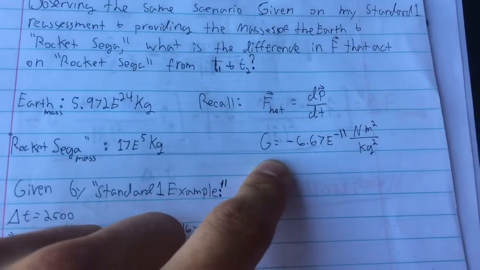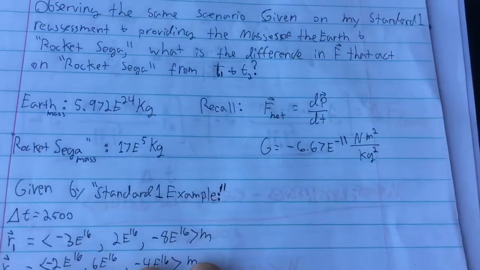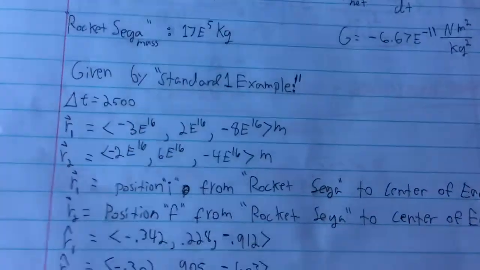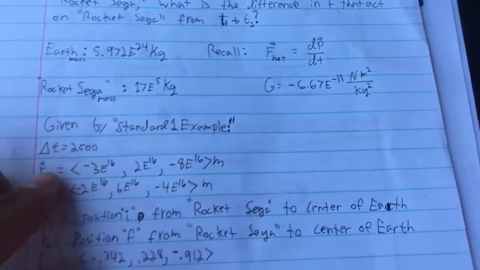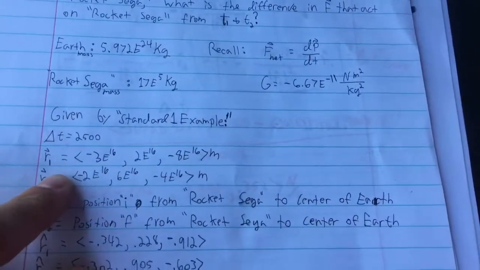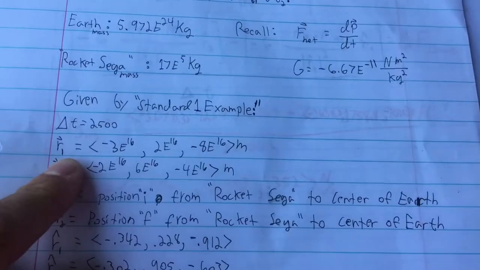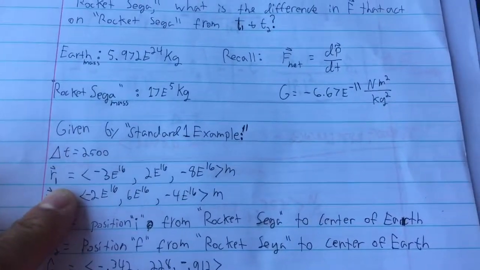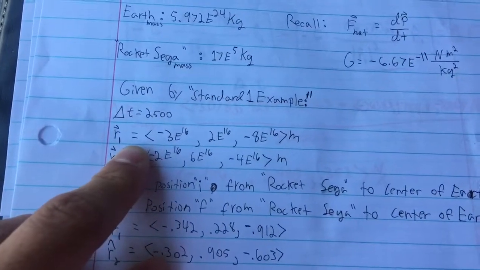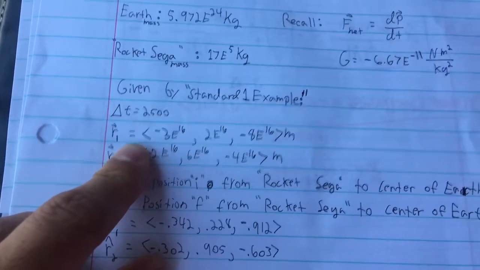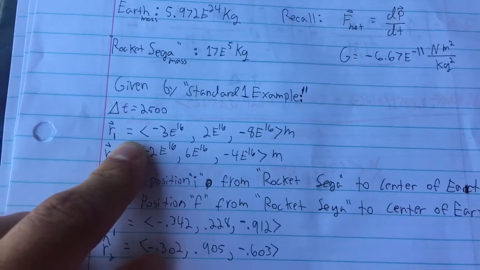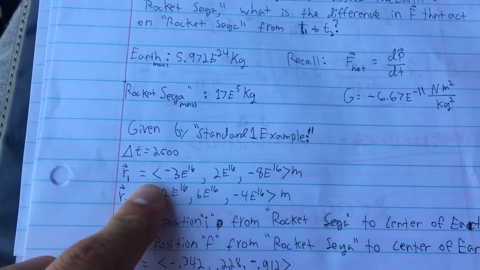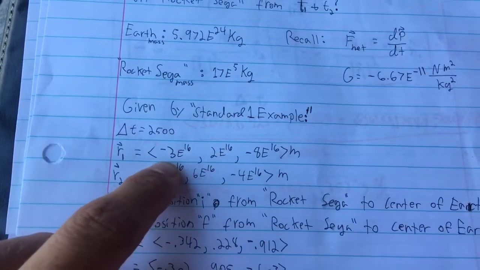We need our gravitational constant G, and we're given a little bit of information here. We're given our change in time. We found the vector for our first position, which gives the position of the rocket relative to the Earth. We subtracted the vector of the rocket's initial position from the vector of the Earth's position, and that gives us this vector.